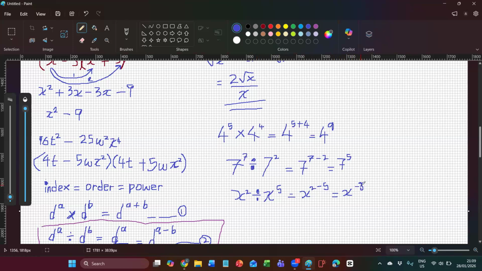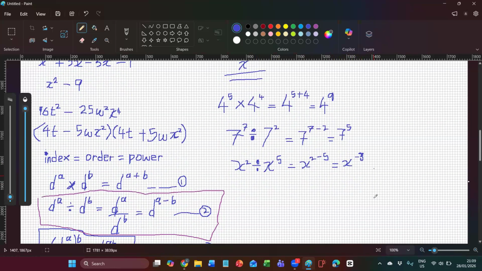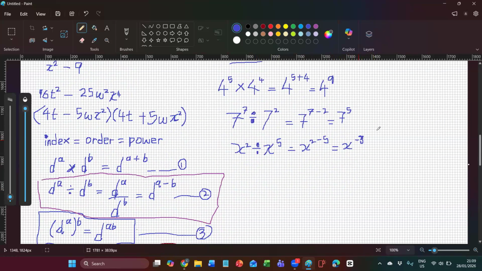So it will still be that. Now you might be thinking, should we leave x raised to the power of minus 3 as the answer? Well, I'm sure some people would leave theirs like that. But then you can apply that other law that says x raised to the power of minus 3 is the same thing as 1 over x raised to the power of 3. And then you're good.